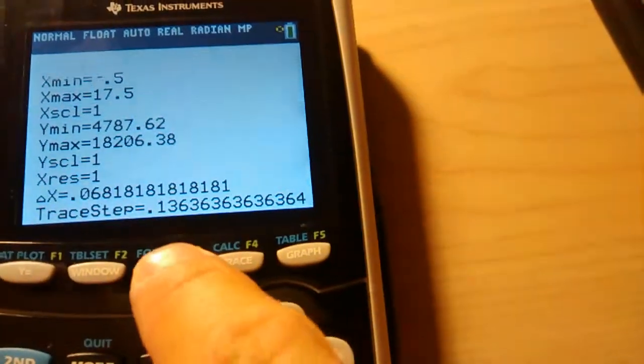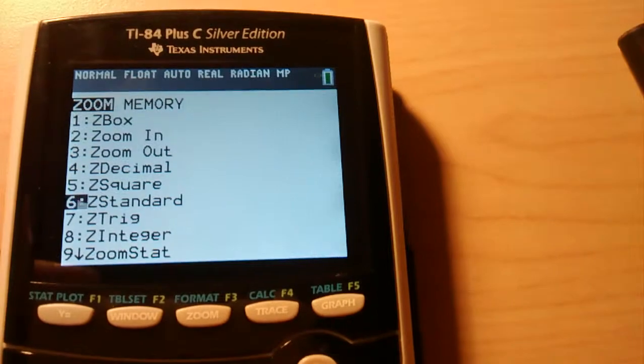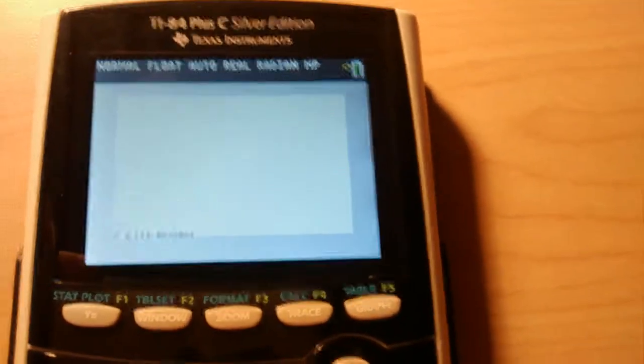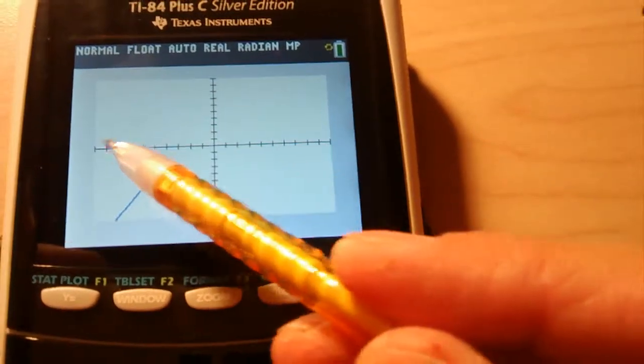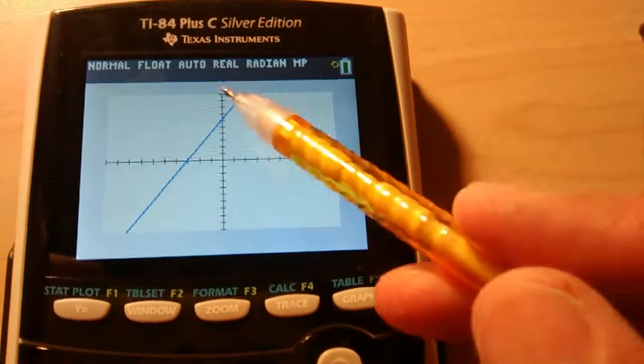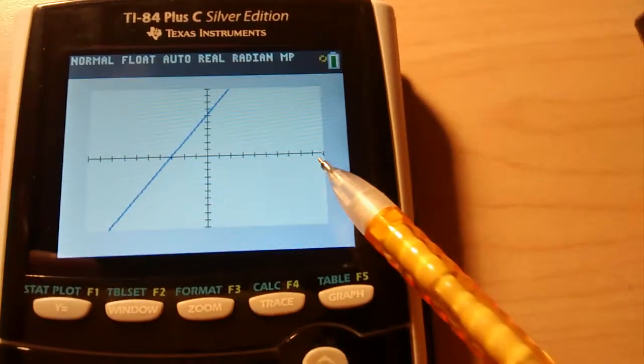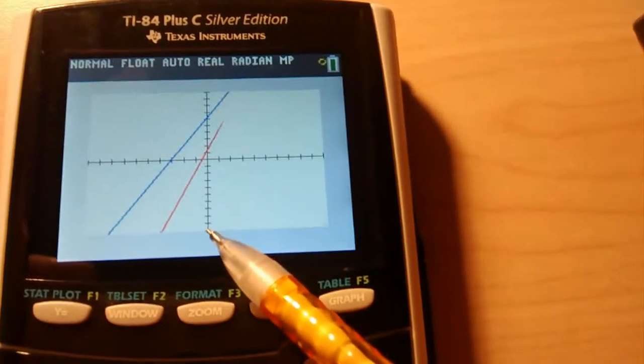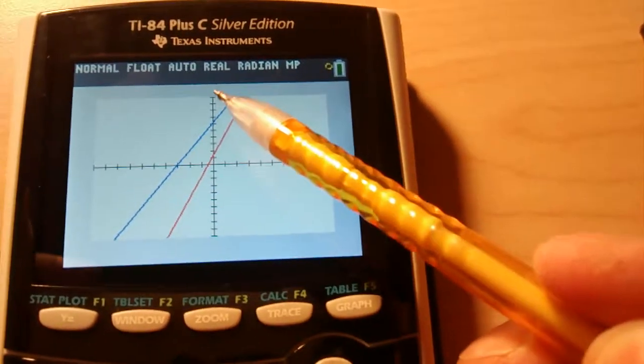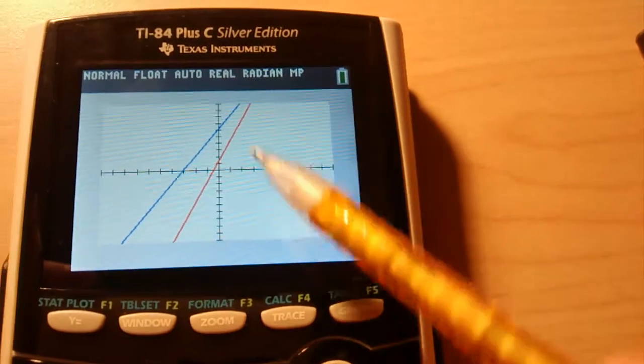I need something that'll help me view these. So let me just show you Zoom 6, which is standard. I've shown you in another video. That takes everything from negative 10 to 10 and negative 10 to 10. So here X-min, this left-hand wall, is negative 10, X-max is positive 10, Y-min is negative 10, and Y-max is positive 10.